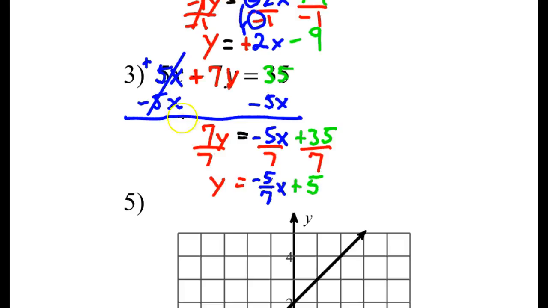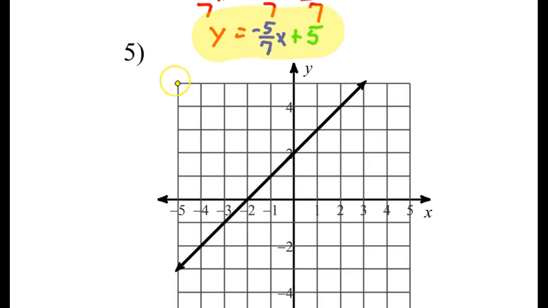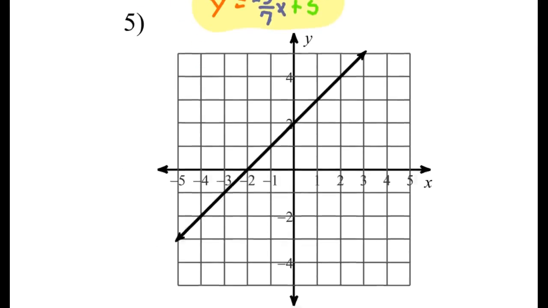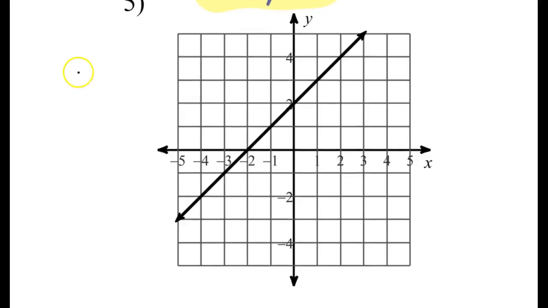Here's number 3. Number 5. What are we supposed to do on number 5? So, same corrections. Make sure your answer is this.